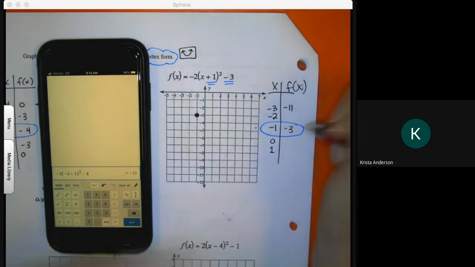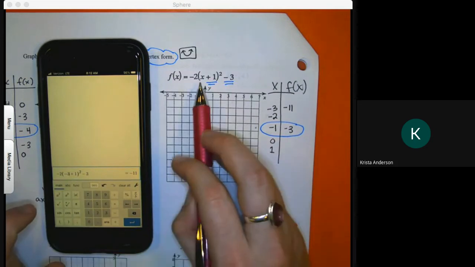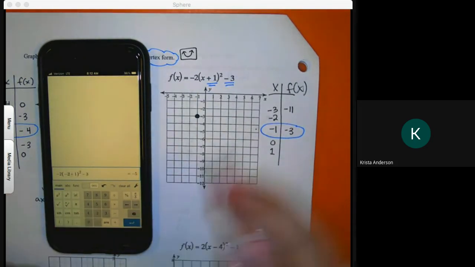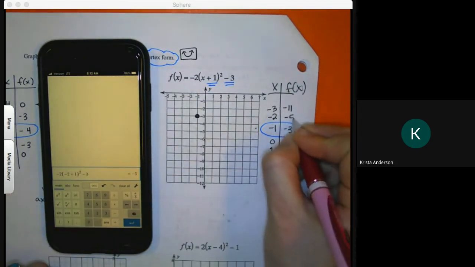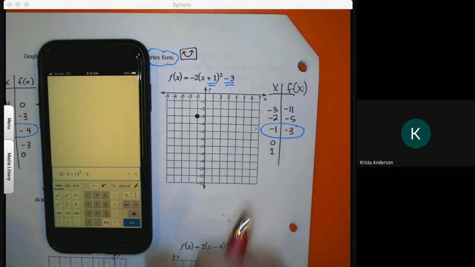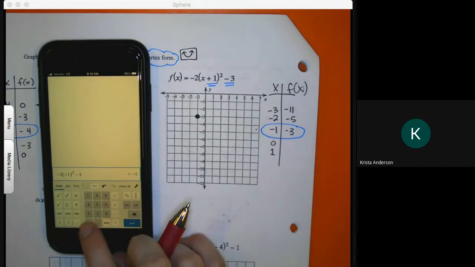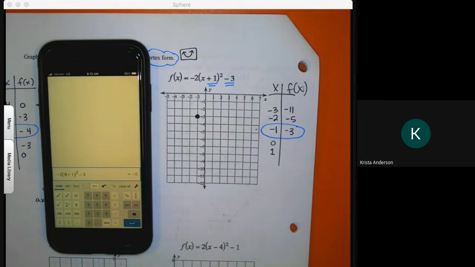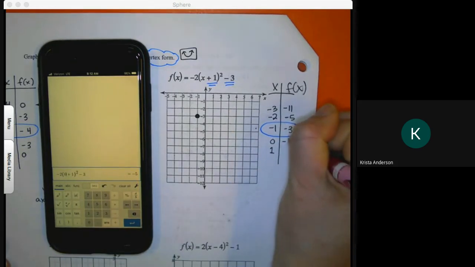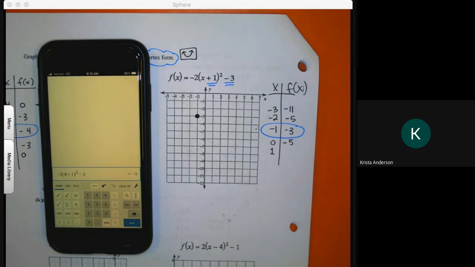When I replace the x with a negative 2, I get negative 5. What do you think a 0 will be if you took a guess before I plug it in? Let's check. Plug a 0 in. 0 is at negative 5. What do you think 1 will be at?